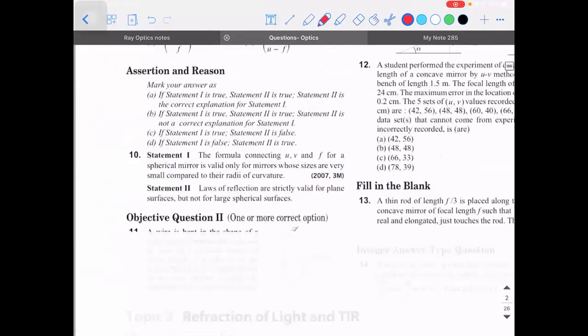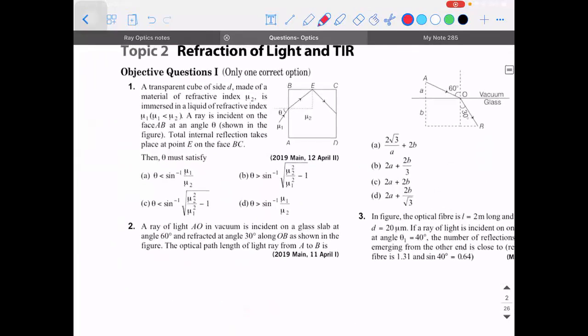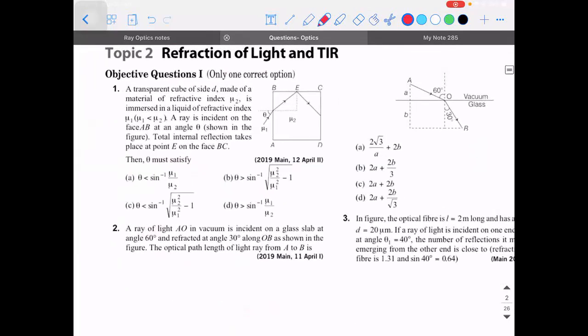Next, we'll try out some problems based on refraction. Try பண்ணலாம். Problems கொஞ்சம் tough தான் இருக்கும், but let's try it out.